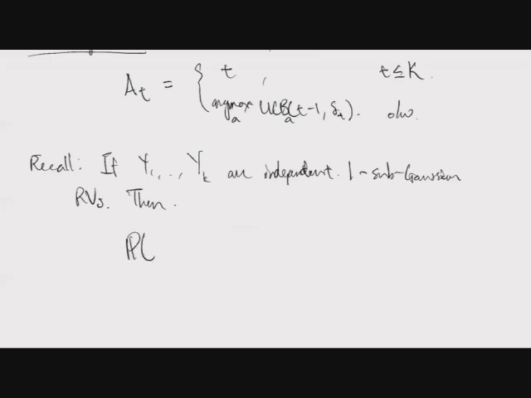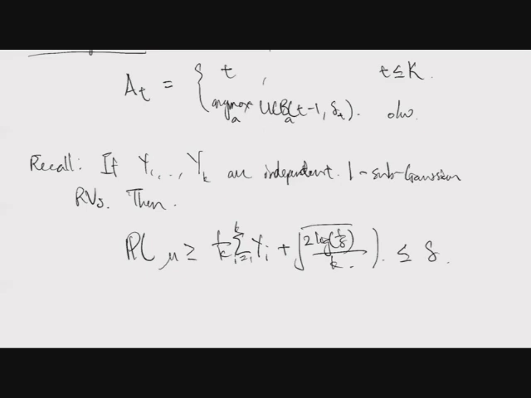The probability that mu is bigger than the average of these y_i's plus this term, the square root of 2 times log 1 over delta divided by k, is going to be less than delta.